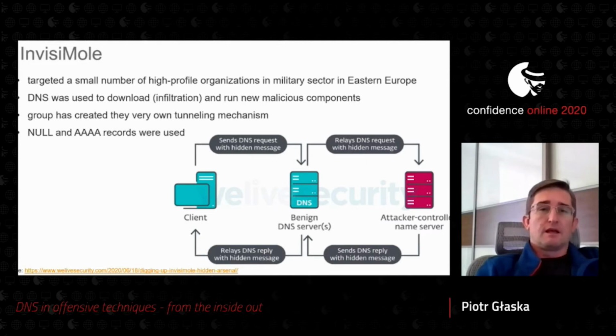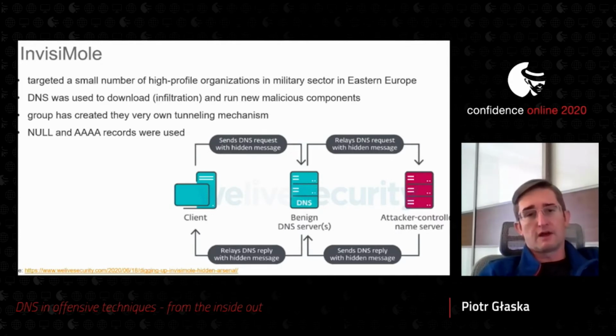They reported an attack by the InvisiMole group, targeting high-profile organizations in the military sector in Eastern Europe. They were using DNS to download new malicious components of this malware. So when they infected the computer, they tried to download new stuff onto this infected machine.